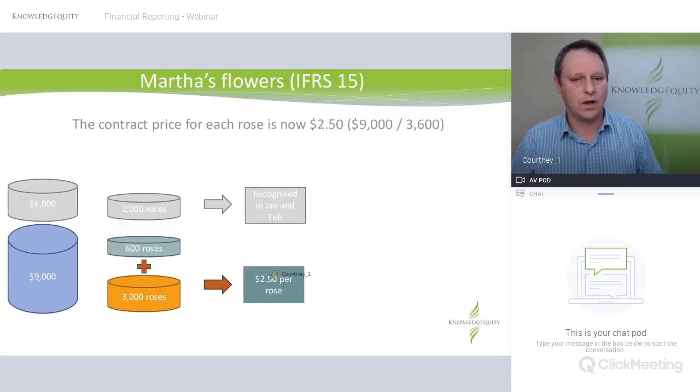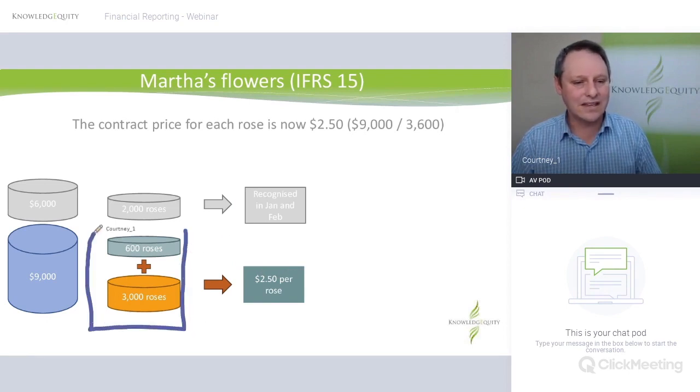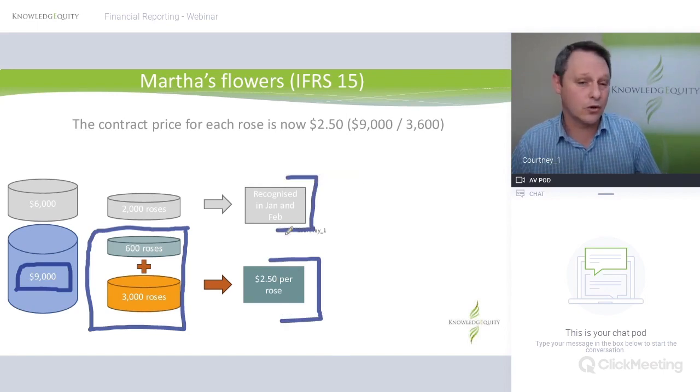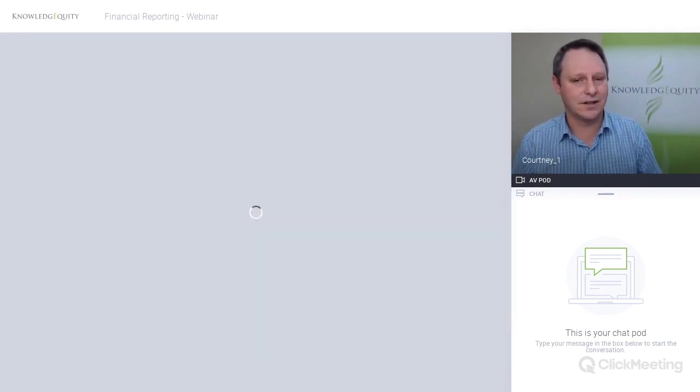$9,000? Well, going into the future, we now have a new contract effectively where we have 3,000 roses plus 600, 3,600 roses, but the price hasn't changed. So if we see our price here at 9,000, that works out to $2.50 per rose rather than the $3 per rose that was achieved previously.